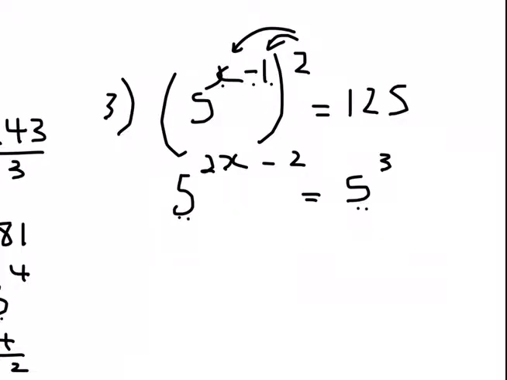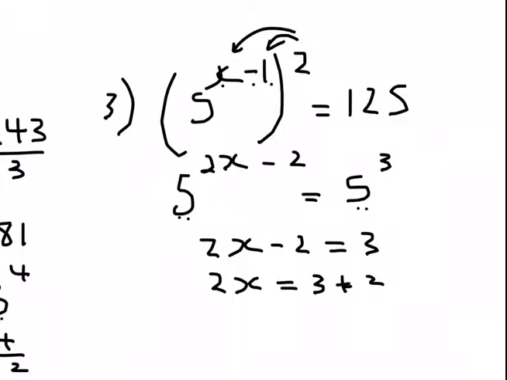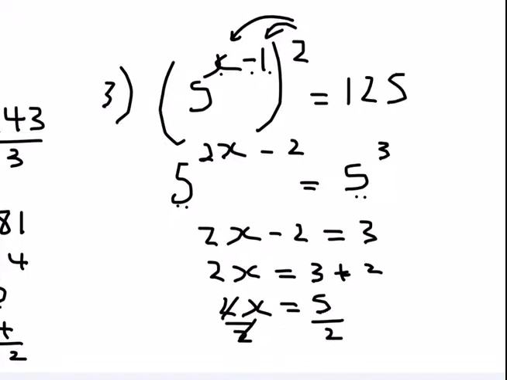What do you do? You equate their exponents. So now we equate their exponents, and then you start solving. It's like now you have your linear equation, where 2 goes to the other side, it changes sign, it becomes a plus, and then you have 5 there. You need to remove that 2 so that it cancels completely.